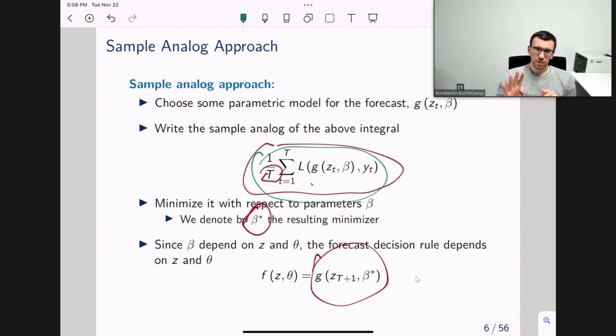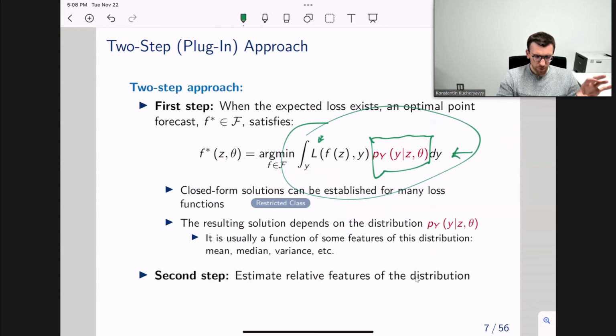You can do that. And the important point here is that you will use the same loss function both to come up with the decision rule and for the estimates of mu and sigma squared. While in the two-step approach, you separate these two stages. You calculate how the decision rule works in the population, and then you estimate the required moments of the population distribution.